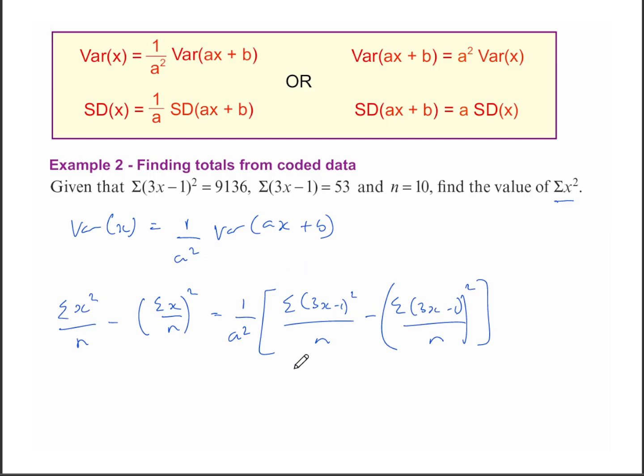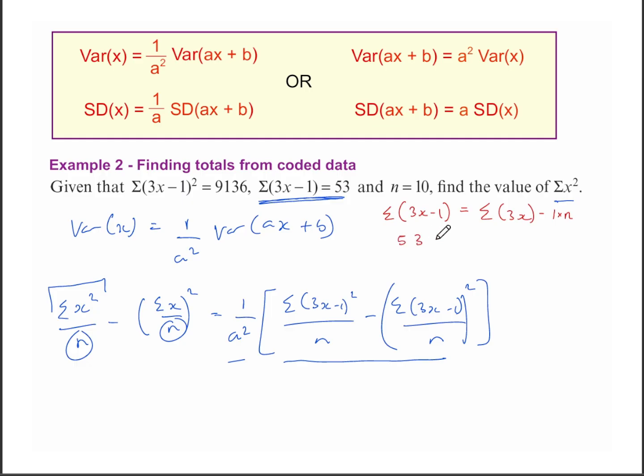We know what this part of the equation is, all of it. And we know what n is here. We need to find the sum of x squared. And we can find what the sum of x is as well. Firstly, the sum of 3x minus 1 is equal to the sum of 3x minus 1 times n.